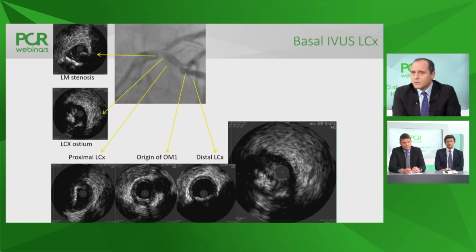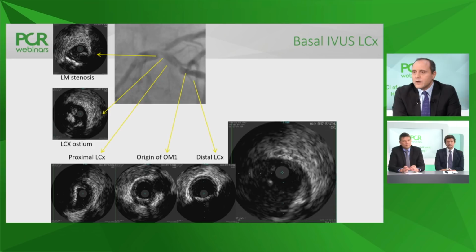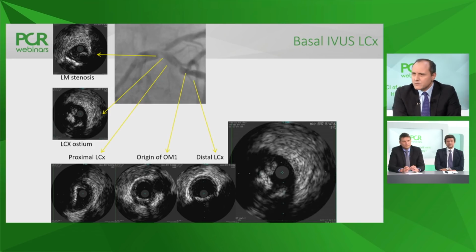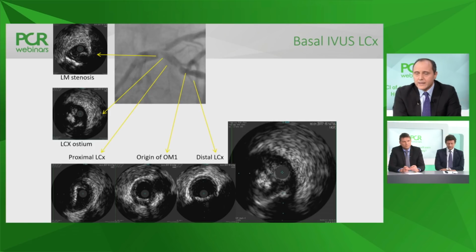So the next question would be how much these images might impact our procedural strategy. I fully agree that if there is one setting where we really need in our practice imaging guidance, in this case you used IVUS, it's a distal left main, OCT might equally have done well. But I think we do have to strongly recommend the use of imaging in this kind of lesion. And by the way, guidelines are also supporting this with a class of recommendation 2A.